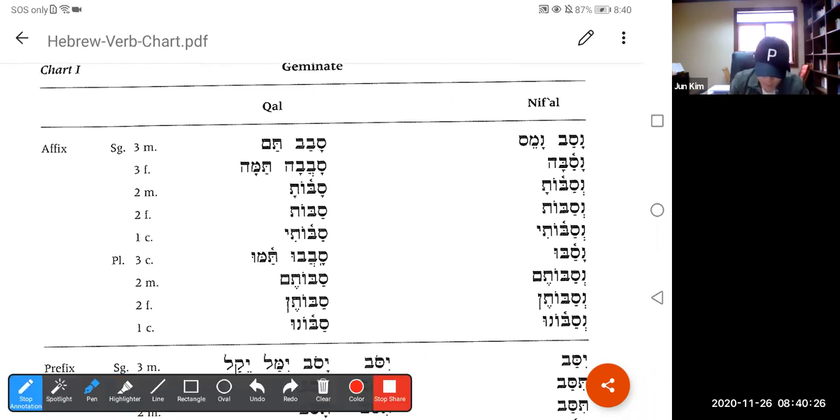Okay, let's talk about our affix form first. We have our affix form, and this is nifal. Talking about qal, we can expect qamets and patach. Do you remember it works even for the other strong verbs? So sabab, 3 MSG, comes together with this.